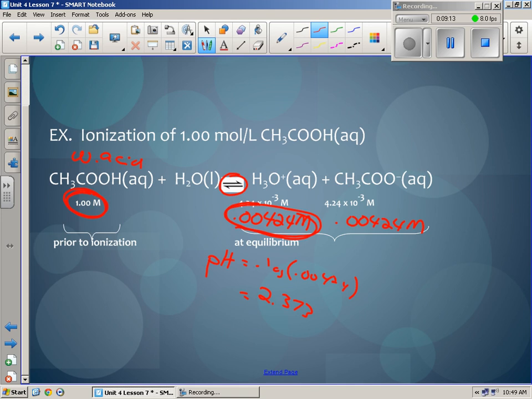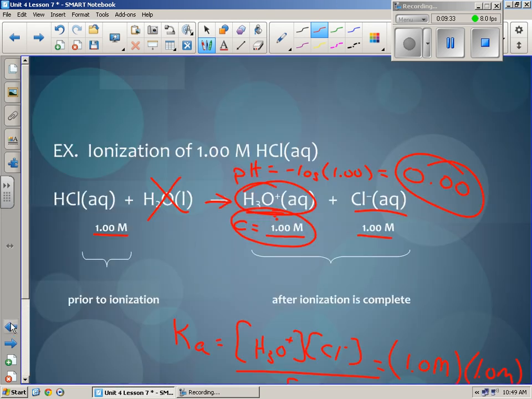I started with 1 molar of it. And I started with 1 molar of hydrochloric acid, which is a strong acid, and I got a pH of 0. By the way, remember, every pH step that you go is a factor of 10. So I started with 1 molar here, and it's 2.3. I started with 1 molar here, and I got 0.